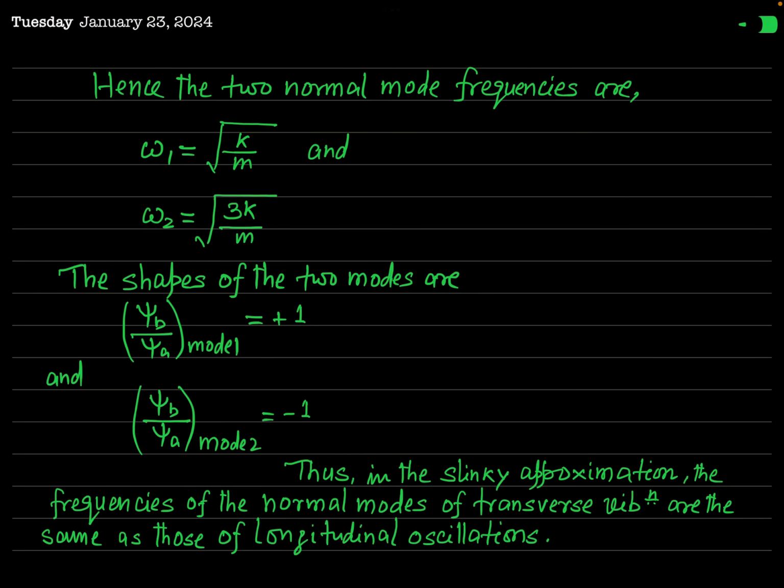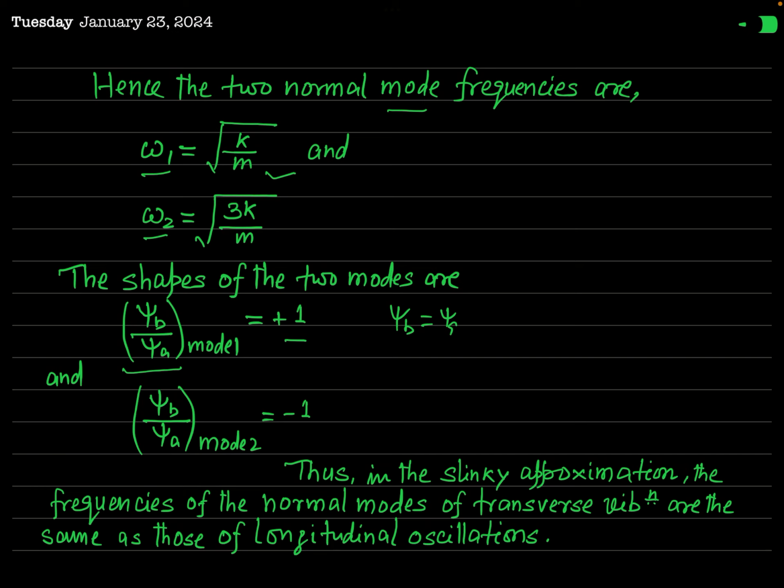So the two normal mode frequencies will be: the first one, omega 1, equal to the square root of k by m, and the other, omega 2, the square root of 3k by m. And you have seen in the previous lecture that the shape of the first mode is given by psi b divided by psi a in the first mode. You have seen earlier that this is equal to plus 1. So you can say that in the first mode psi b is equal to psi a.